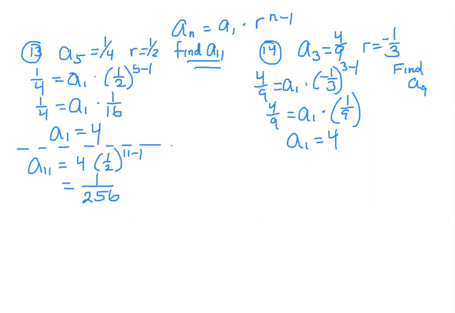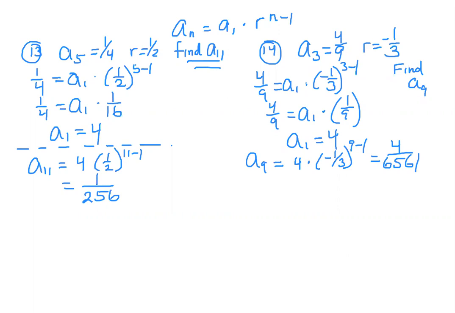Same as number 13. And then to find a9, we're going to do 4 times negative 1/3 to the 9 minus 1, and that equals 4 over 6,561.